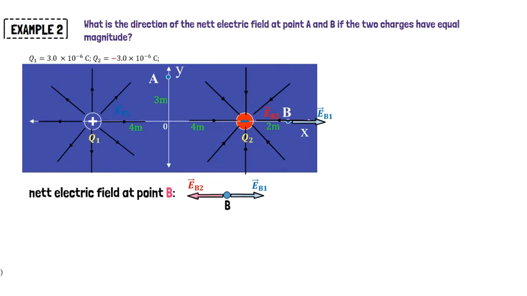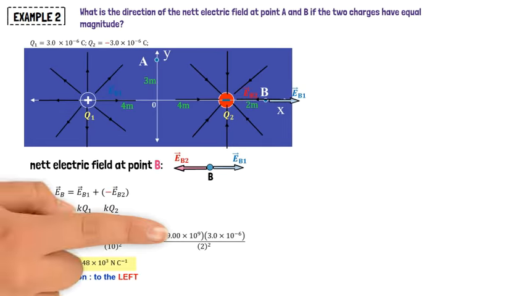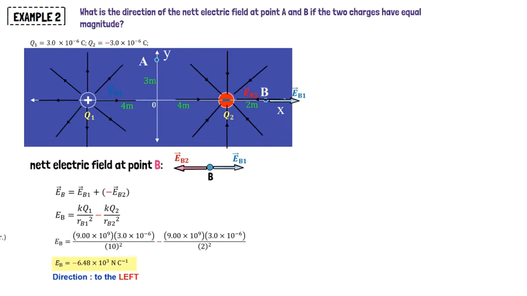So, EB is equal to EB1 plus negative EB2. Negative because the direction of EB2 is to the left. Okay? So, remember, jangan masukkan negative sign of charge Q2. Okay? So, negatif tadi untuk direction of EB2.